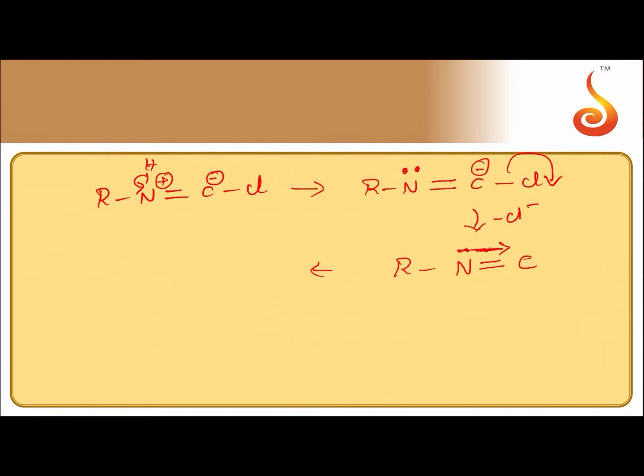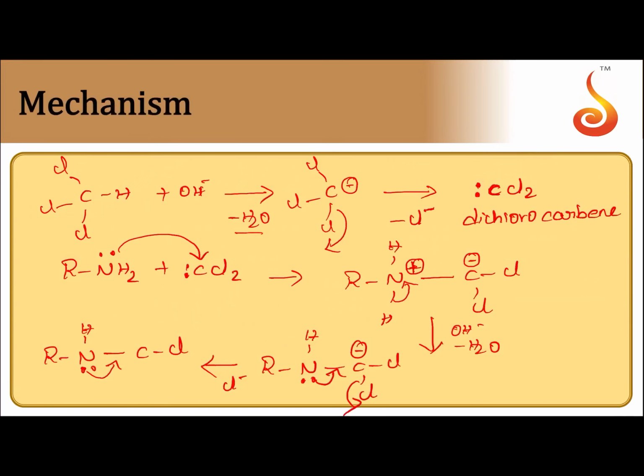What will I get here? Isocyanide, RN triple bond C, in which nitrogen is positively charged and carbon is negatively charged. This is isocyanide. This is the mechanism of the carbylamine reaction.